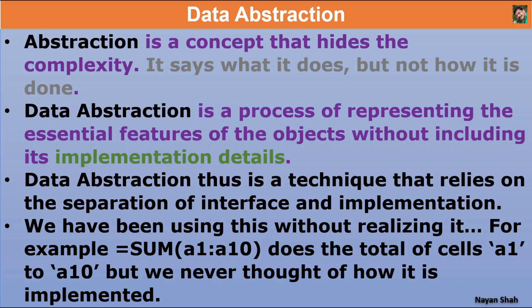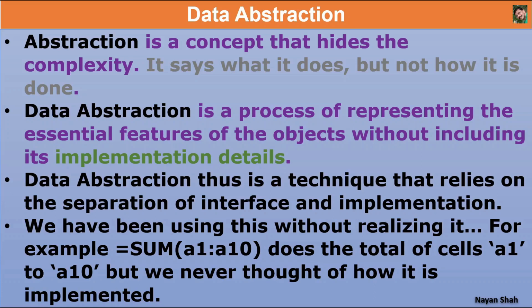We saw many places this kind of thing, data abstraction, because it's a technique that relies on the separation of interface and implementation. And we have been using this without realizing it. For example, when you use the Excel function =SUM(A1:A10), we know that it will do the total of numbers coming from the range A1 to A10.